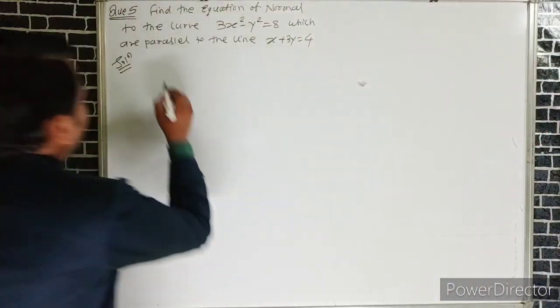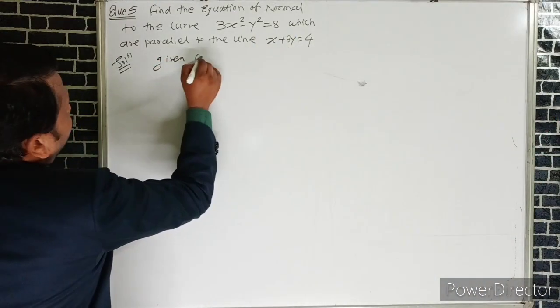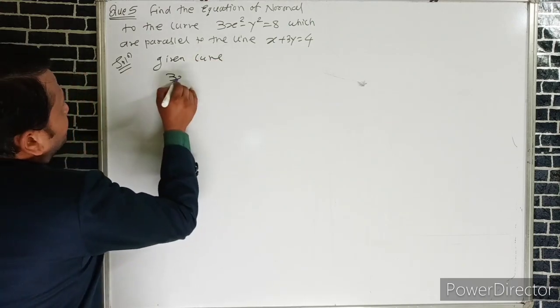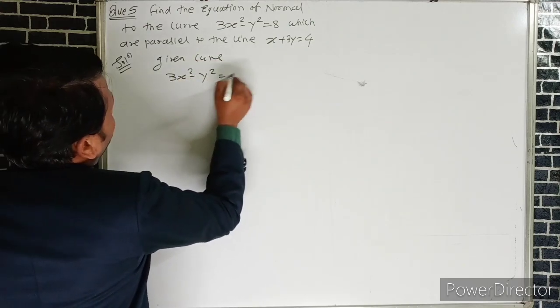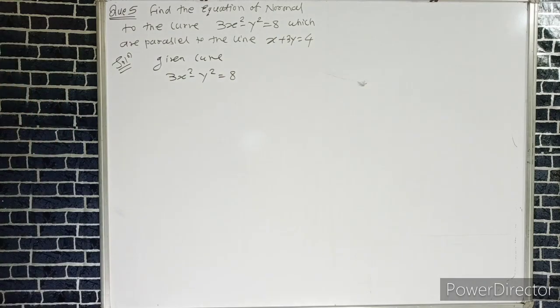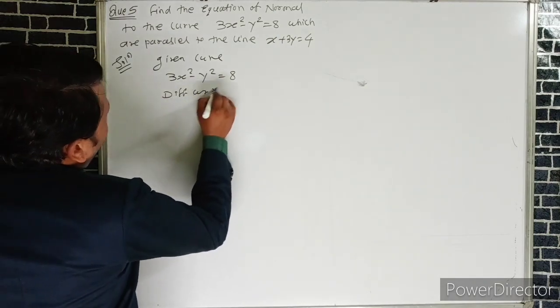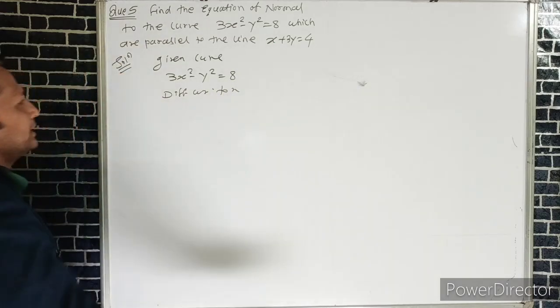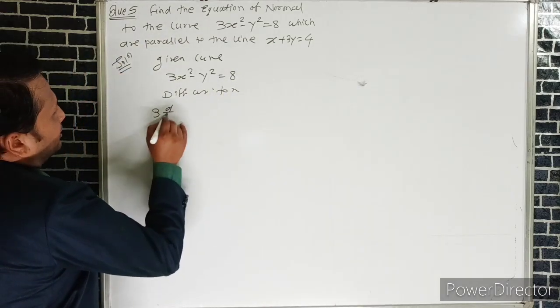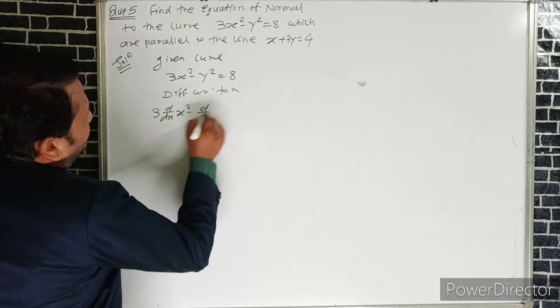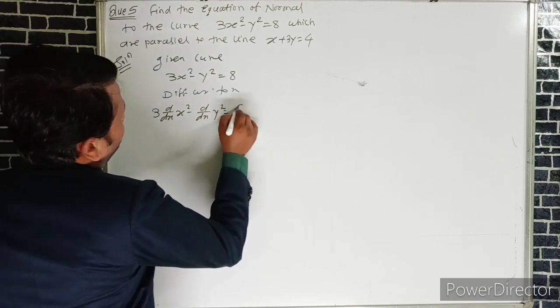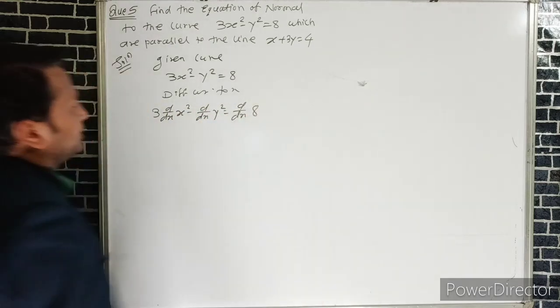So first, the given curve is 3x² − y² = 8. If we differentiate with respect to x, we get 3 into derivative of x² minus derivative of y², equals derivative of 8.